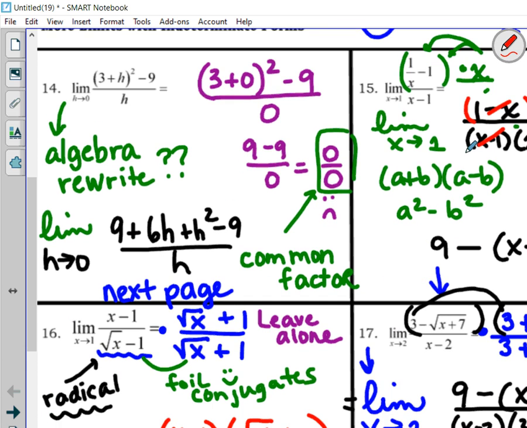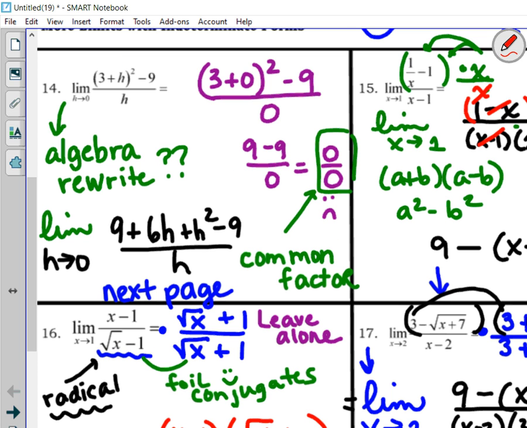In three of the cases, we multiplied by a form of 1 to rewrite the original function expression. In 2 of the cases, it was a conjugate. In this case, it was just a single x that I used because that 1 over x kind of gave me my focus, like, maybe I can rewrite this part so I don't have a fraction. The expanding ones are usually the most obvious with the squaring.